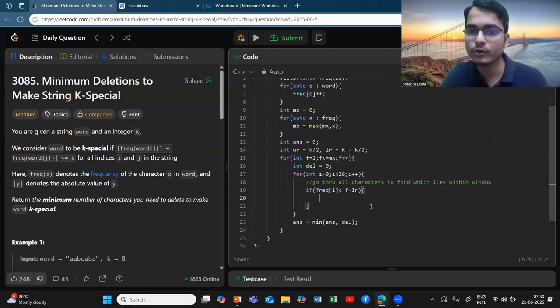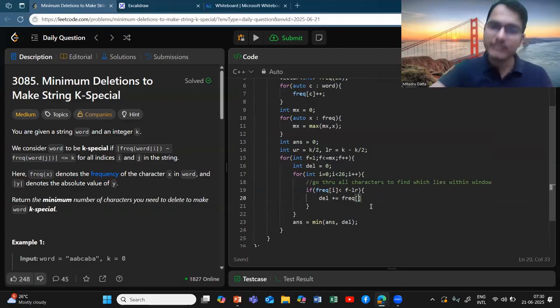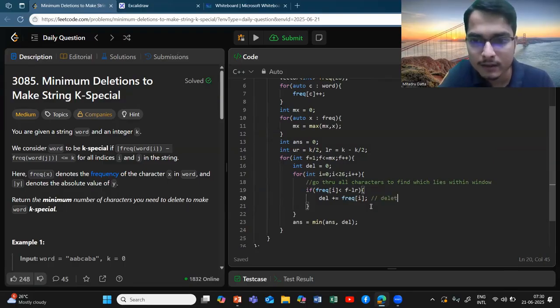So then what did I need to do? I need to add the full value to the deletions. Why? Because I need to delete the whole thing. Okay, so I am deleting the whole bar. So this means that I am deleting all the frequencies of that.